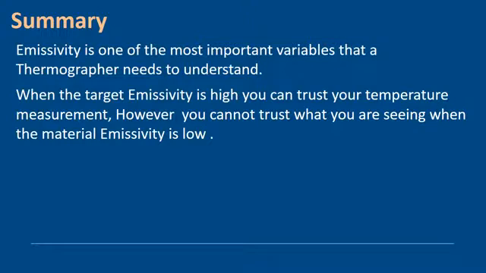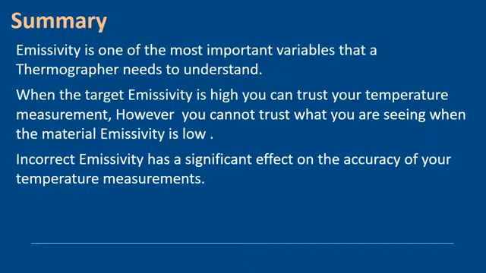Now, when the target emissivity is high, you can really trust the temperature measurements you're getting. So, for instance, using the tags or tape as targets will give you a lot of confidence that you have a known emissivity. However, you cannot trust what you're seeing when the material emissivity is low, because if the material emissivity is low, the reflection is high, and that reflection is significantly affected by the background temperatures around it.